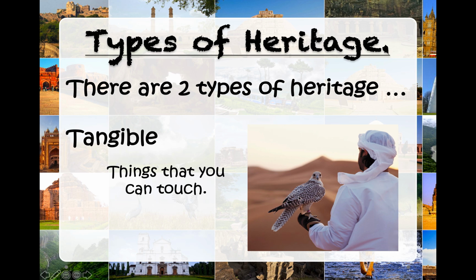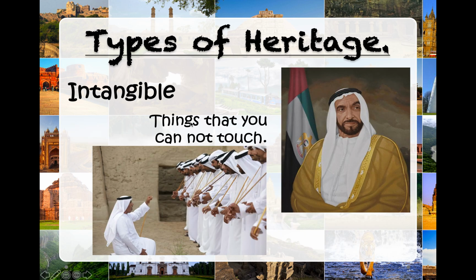You can touch the bird and you can touch the clothing. Therefore, this is tangible. It's something that you can touch. Can you think of anything that is tangible in your house that is part of your heritage? Think about it, and you can always tell your teacher about it.